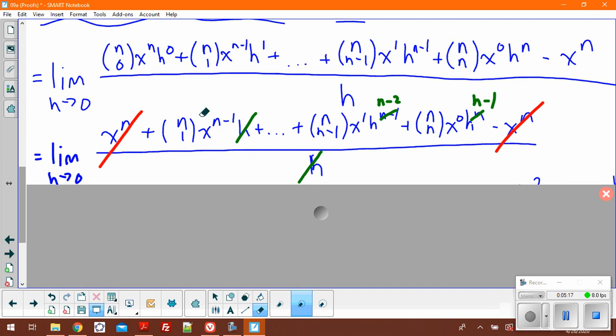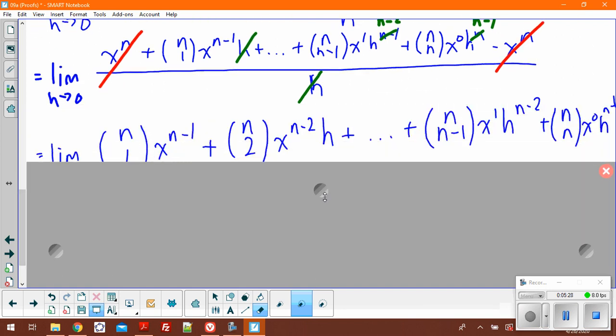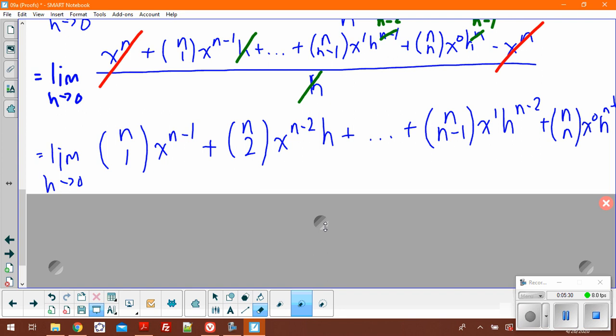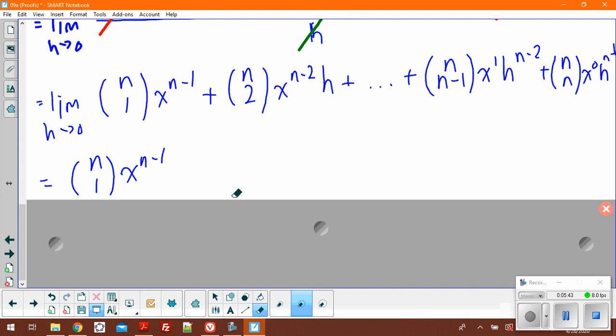Now for all the other terms, I can reduce the exponent of h by 1. So I can cancel out all those h's, and I get left with this: the limit as h goes to 0 of n choose 1, x to the n minus 1, and so on down the line. All of these terms have an h, except for the first one. So I get left with this.